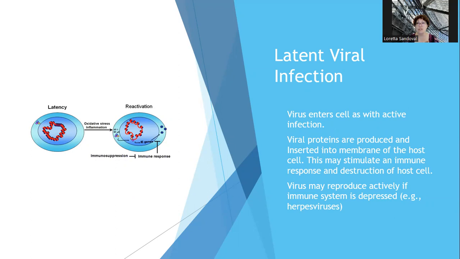Another latent viral infection that a lot of us have is the varicella zoster, the chickenpox virus. We got chickenpox as little kids. We survived it. The virus stayed in our nerve cells, and then later on, it manifests itself as shingles, which is very painful.